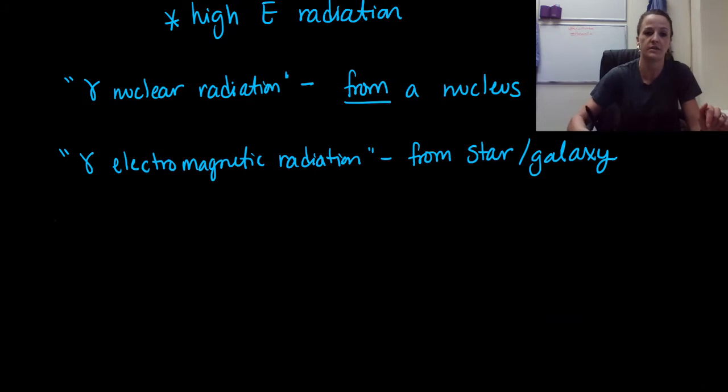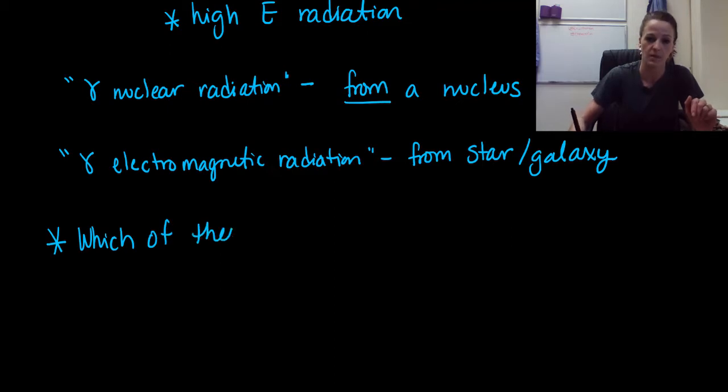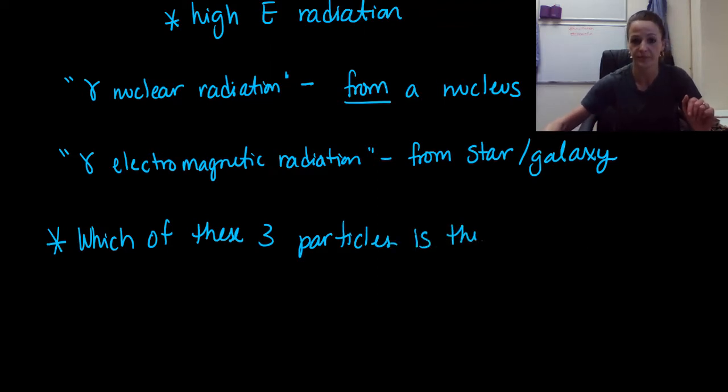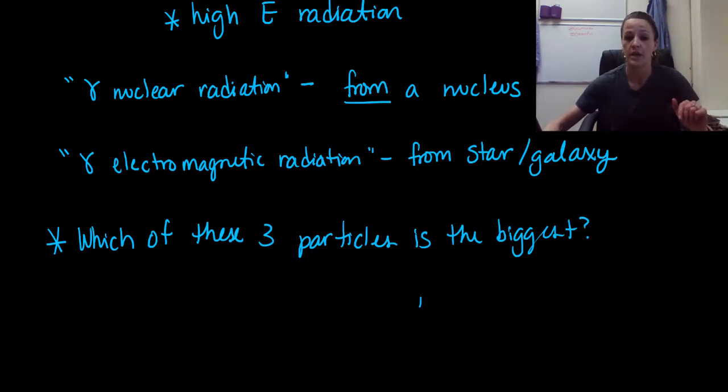All right, let's see if we understand some things. We have 2 questions here. The first one: which of these 3 particles, alpha, beta, gamma, is the biggest? And then I also want to know, out of these 3 particles, which one is the most dangerous?